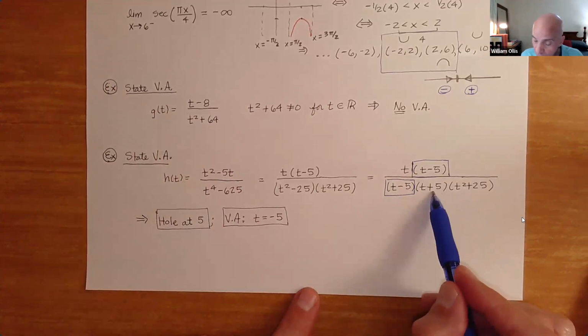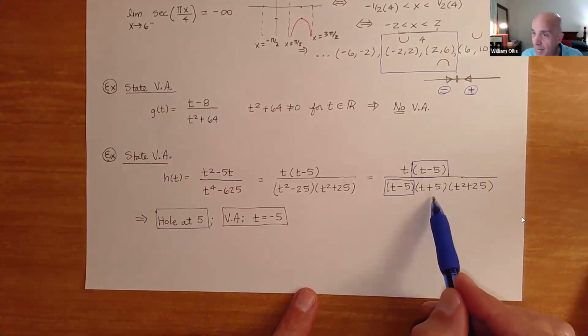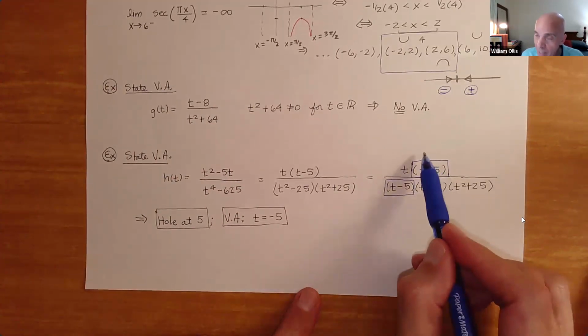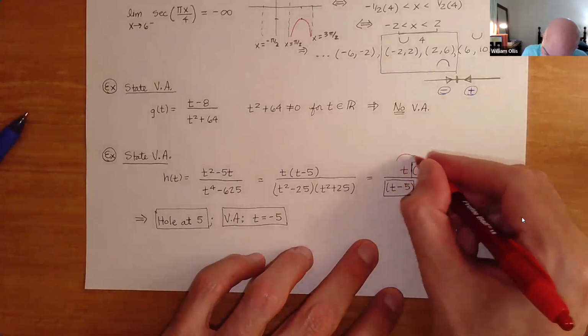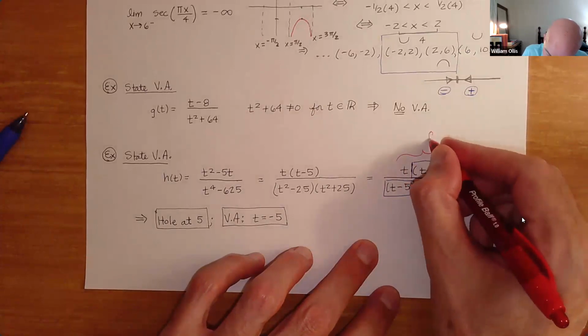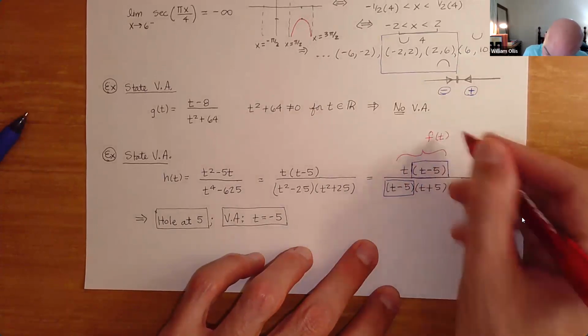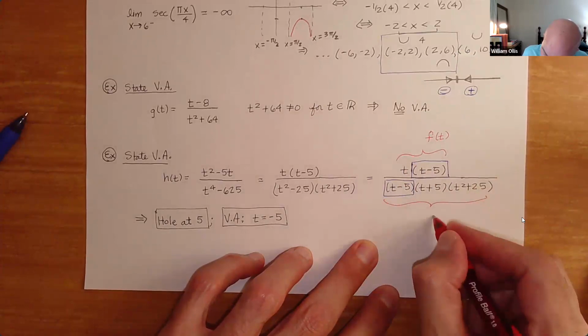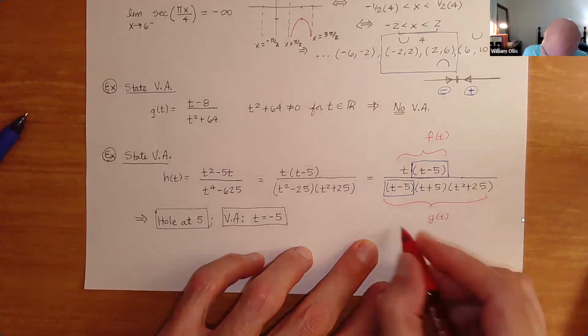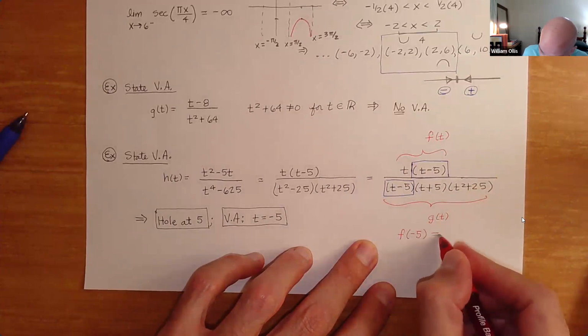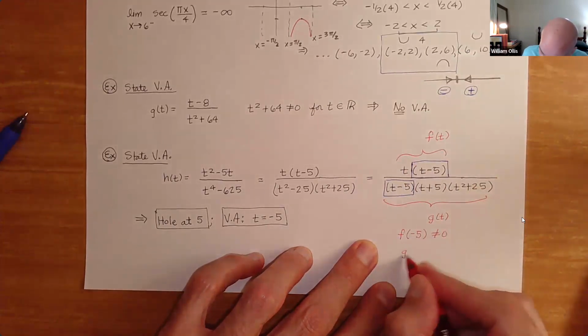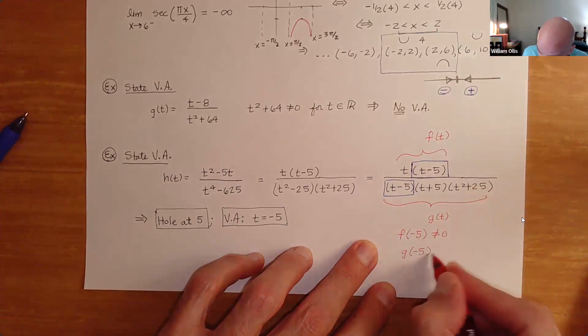But now when we look here, t having the value of -5 certainly defines a zero in the denominator that is not a zero in the numerator. So if you like, you can think of this as f of t. You can think of this as g of t. And so you see f of -5 does not equal 0, but g of -5 is 0.